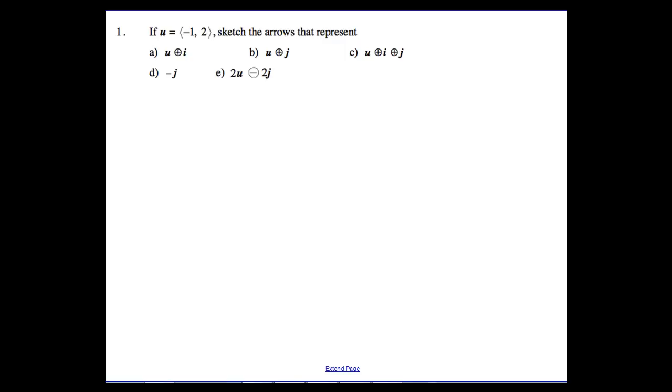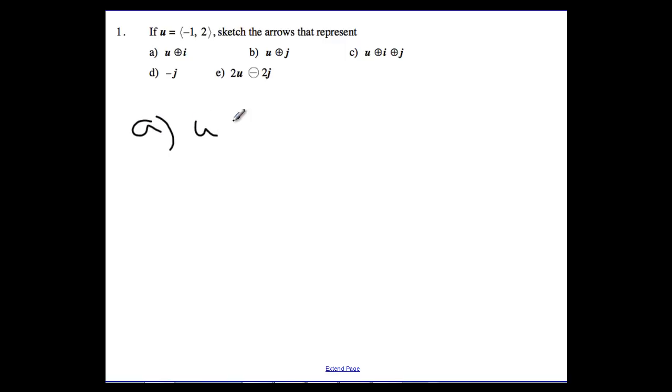Okay, so this problem has to do with us thinking about some vector addition as well as what the standard unit vectors are. So in A, it says u plus i.